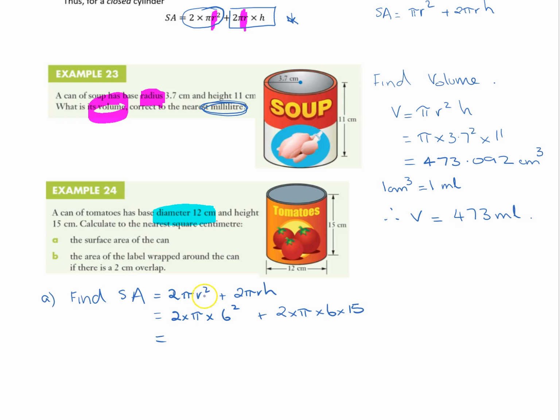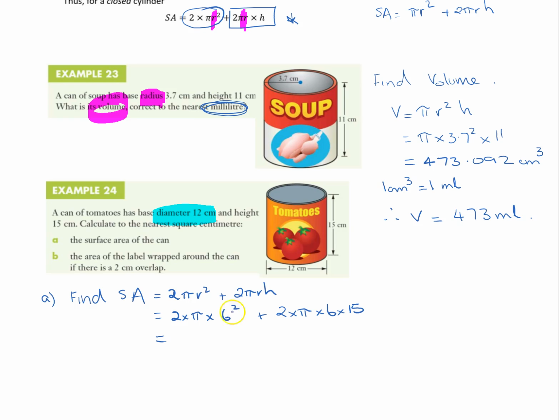Now remember, we were given diameter as 12, so when we come to sub into our formula, and the formula clearly says r, and that's a good reason to have it written in front of you, because that says r, whereas we've noted up here the diameter is 12.